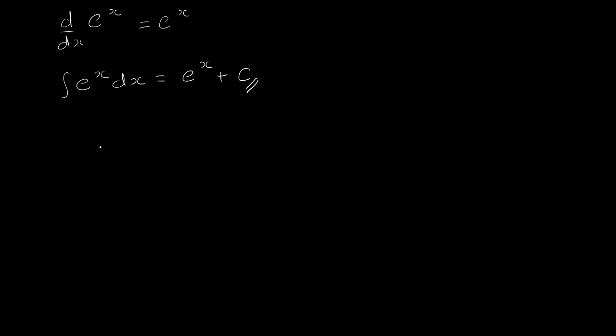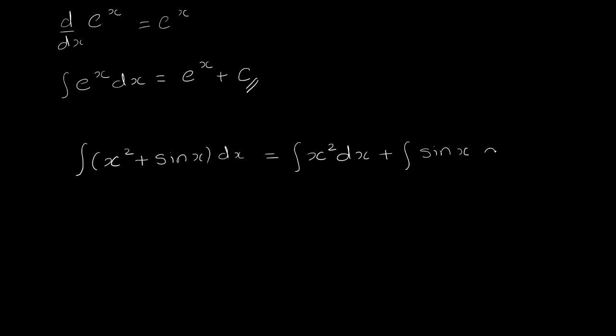And again, if you have something like the integral of x square plus sine of x dx, it's the same. You have to integrate it separately, x square dx, just like with derivatives, you are just splitting it. Then the integral of sine of x dx.